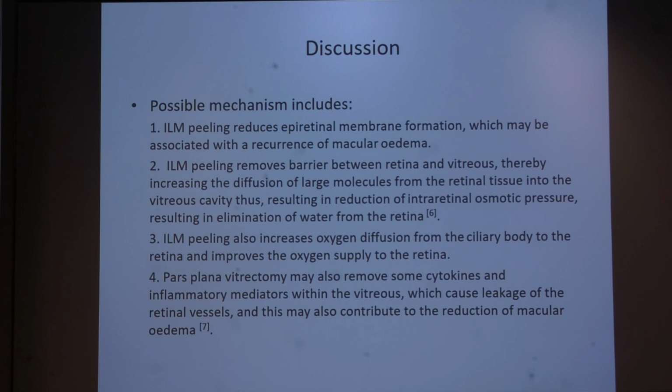ILM peeling also increases the oxygen diffusion from the ciliary body to the retina and improves the oxygen supply to the retina. Pars plana vitrectomy may also remove some cytokines and inflammatory mediators within the vitreous, which cause leakage of the retinal vessels, and thus may also contribute to the reduction of macular edema.